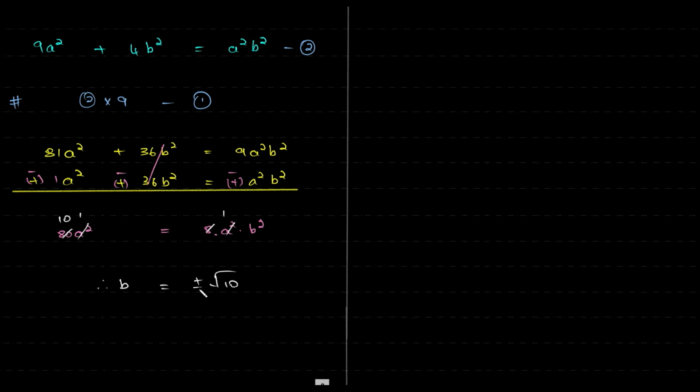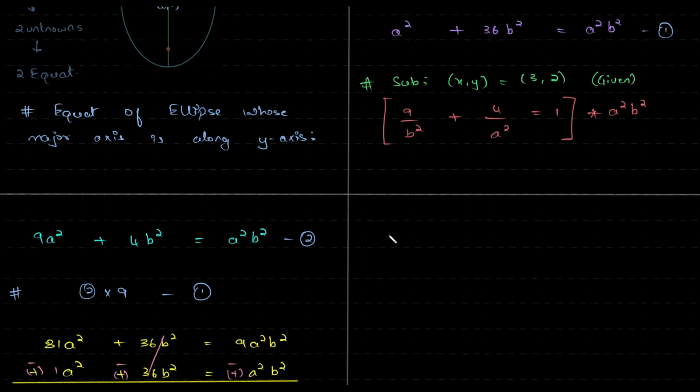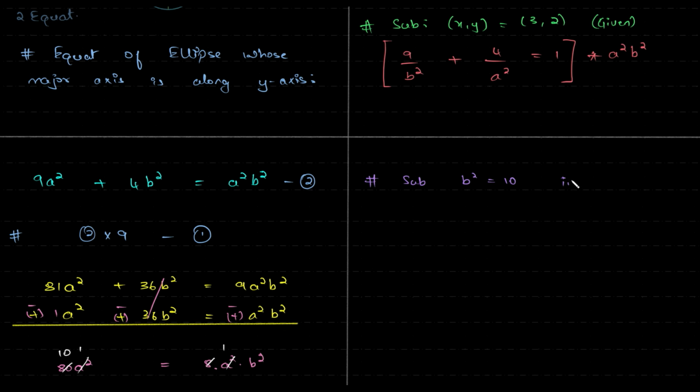So we have b, and then we need a. We can get that with any one of these equations. I'll go with equation 1, substituting b square is equal to 10 in 1. So basically this would be a square plus 36 into 10 is equal to 10 a square.